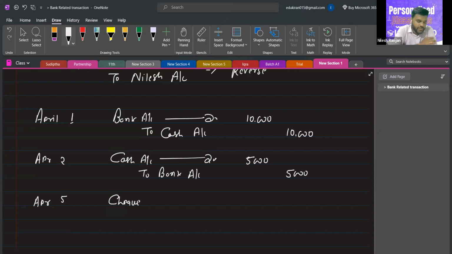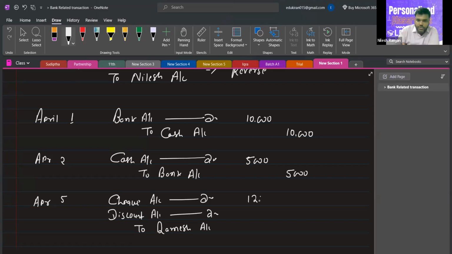Can you tell me by seeing the question whether the check is deposited on the same date or on a different date? On a different day, because it is received on 5th April and it is deposited on 7th April. So check account debit, discount account debit to Ramesh account, because we allow 1% discount also.